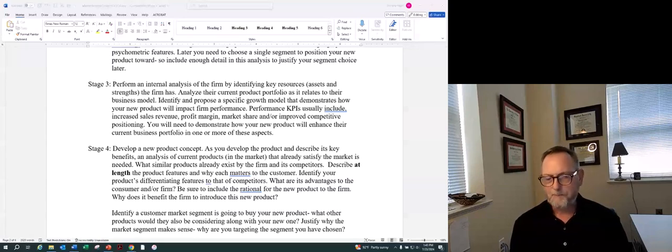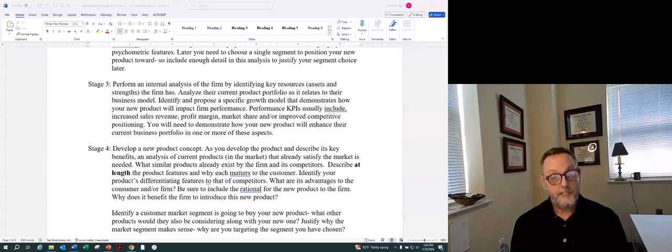within the generic market for your product category as well. Now, Stage 2 is very non-company specific in the sense that Stage 2 doesn't really involve a hard focus on your company per se, but rather the industry in which your company participates.